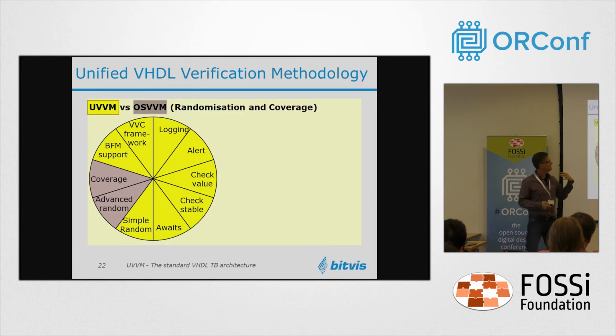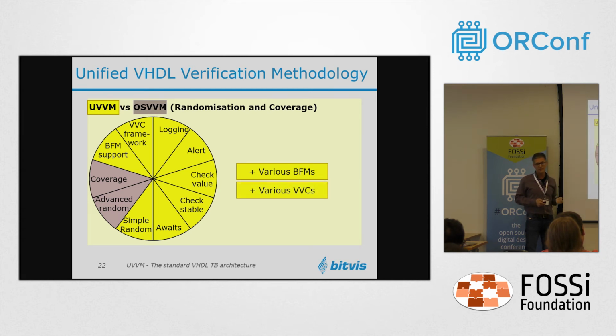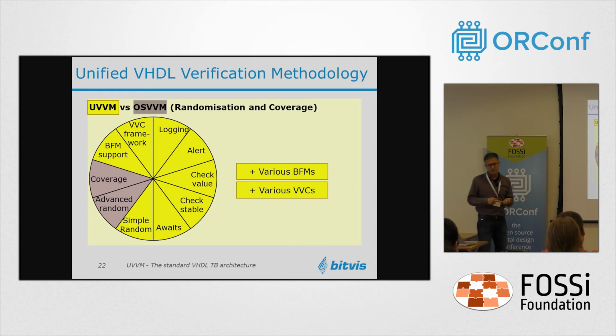Now, I talked about randomization or corner cases, value-related corner cases. For that, of course, you can use OSVVM, constrained random, and functional coverage. And UVVM and OSVVM can be used as a combined system, where you have the different features from each methodology and library, plus the BFMs and verification components that are provided with UVVM, which is SPI, I2C, UART, and a few more.